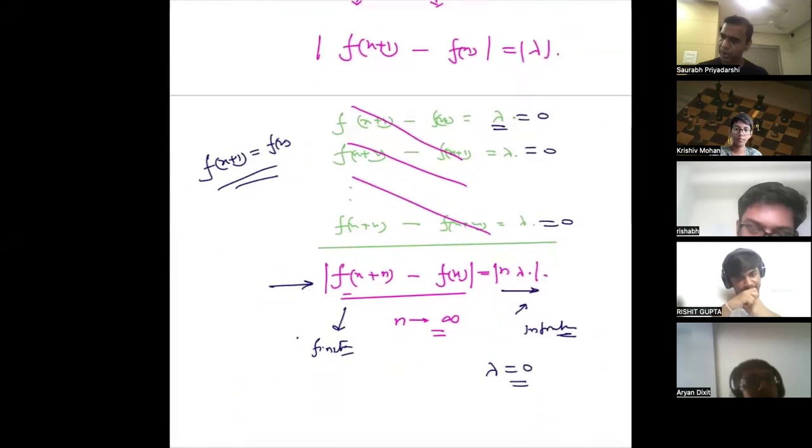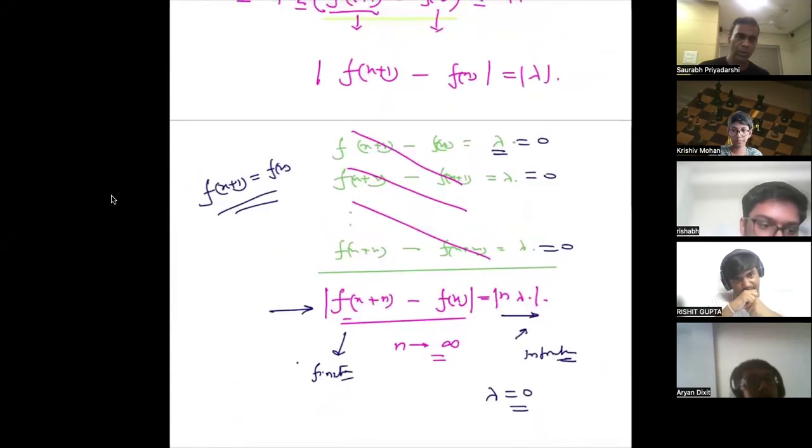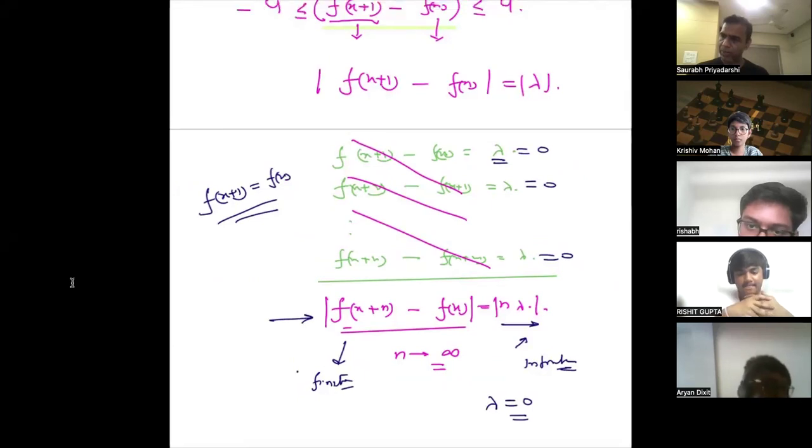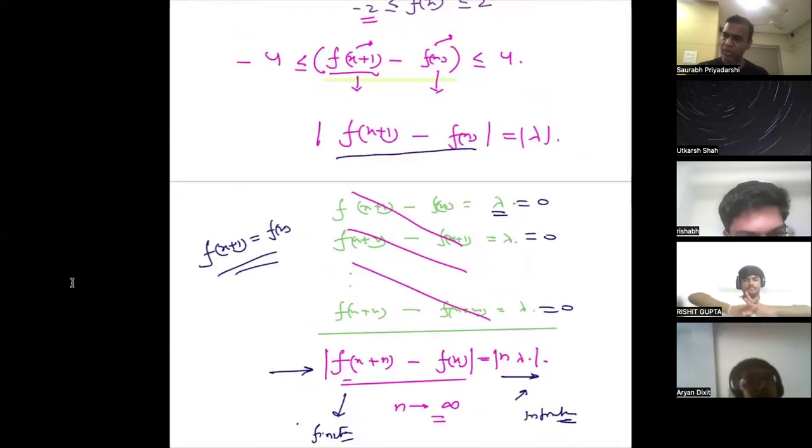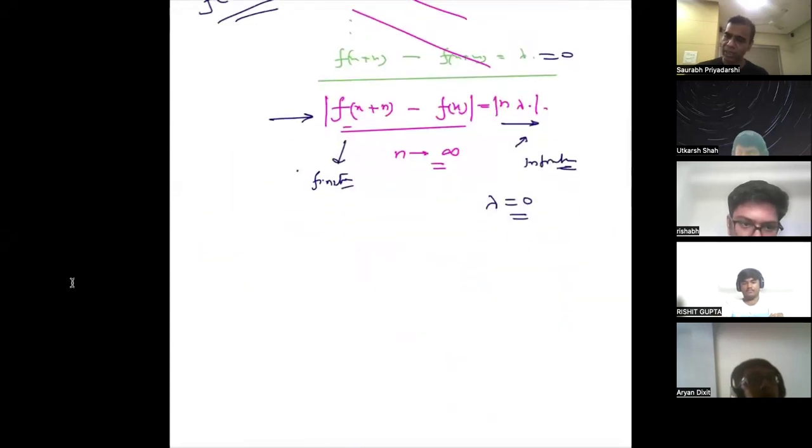After we started cancelling, as n went towards infinity, why did we take lambda to be zero? See, we have seen now that f(x+1) minus f(x), or f(x+n) minus f(x), always lies between -4 to +4. So this left side is a finite value, always between -4 to +4.